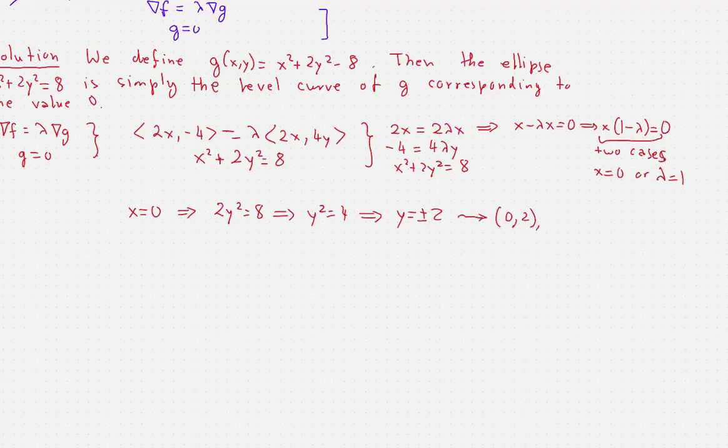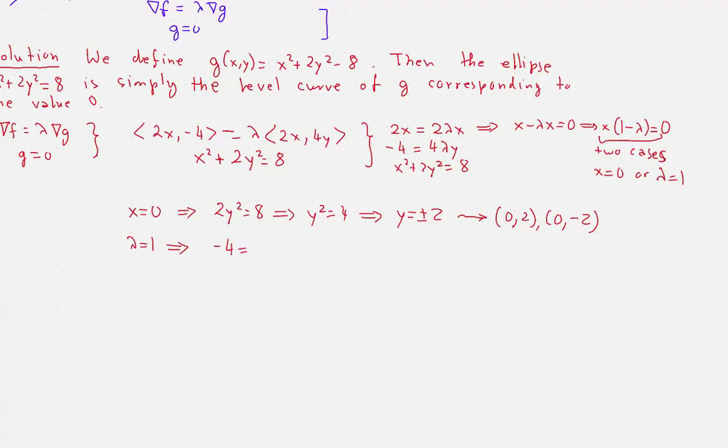If lambda is 1, then we go into the second equation that gives us minus 4 is equal to 4y, and this implies that y is equal to negative 1.